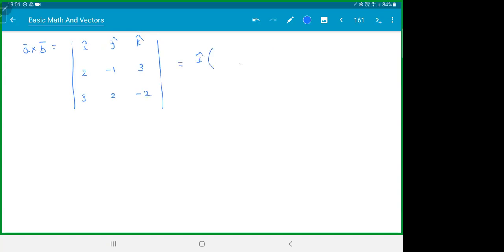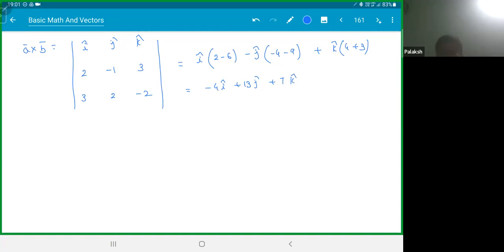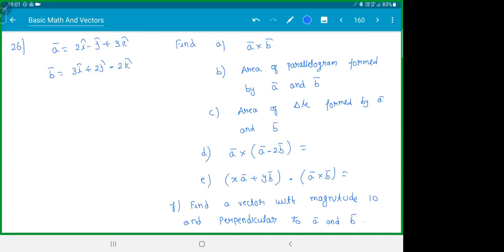This is I cap into 2 minus 6, minus j cap into minus 4 minus 9, plus k cap into 4 plus 3. Minus 4i plus 13j plus 7k. Check. Sir, can you show the question? So that is your A cross B.